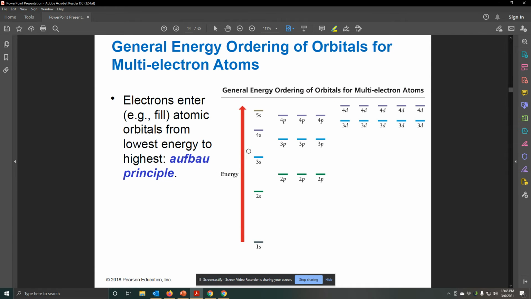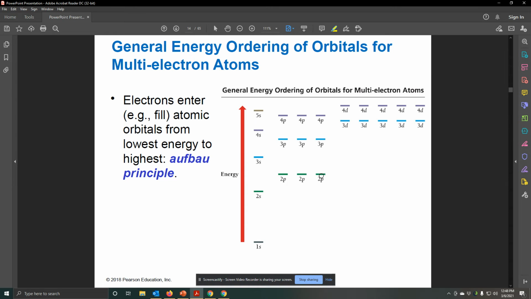So let's look. Here we have an orbital diagram. This is increasing energy, as we know, because we're getting further and further away from the nucleus. This would be an orbital diagram where you would go ahead and put electrons in for a given atom. You can see here, we're going to fill 1s first, then 2s, then 2p.